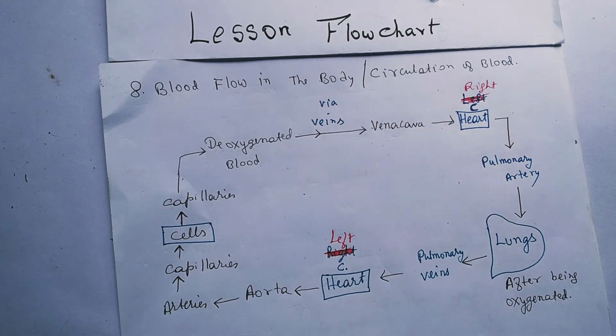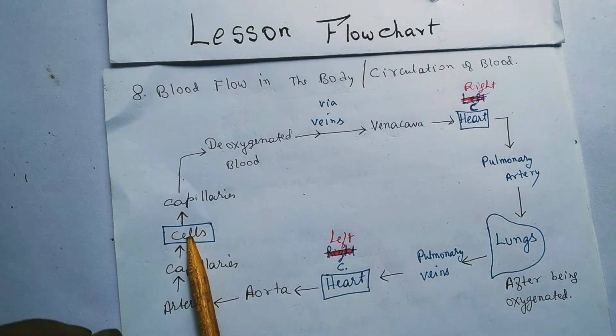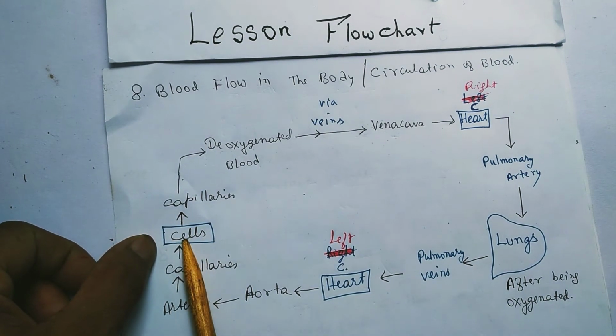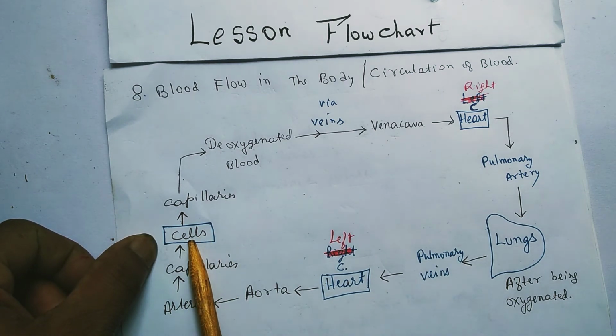Now check here, let's say the cells are the place that we can start. In the cells they produce carbon dioxide. That carbon dioxide reaches the capillaries and the blood in the capillaries.